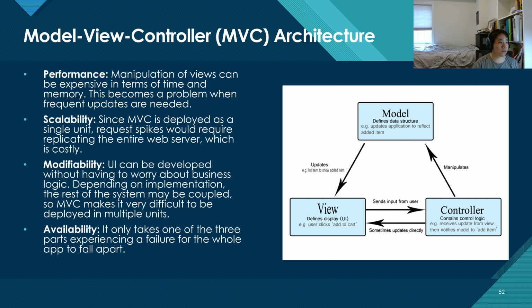Scalability, you're going to have to replicate the entire server because these three are kind of coupled together. Aside from the view though, the view is decoupled, so for the UI part, which is the view, you can change it up without having to worry about the model and controller, unless you change the request structure of the controller.